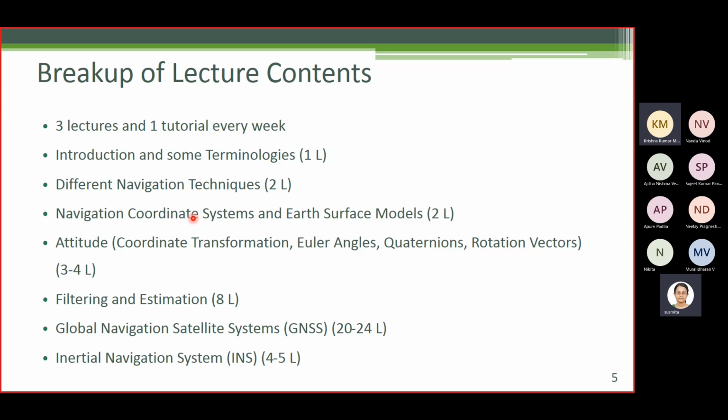So we'll discuss different navigation coordinate systems and earth surface models. Then we'll have a discussion of attitude. Again, all this will be at the top level. Now in attitude, we are going to see some methods to determine attitude. For example, coordinate transformation, Euler angles. We'll discuss in somewhat detail. Then quaternions and rotation vectors we will not discuss in detail.